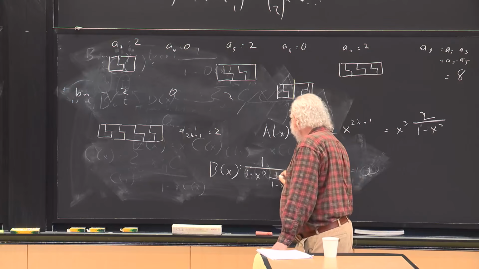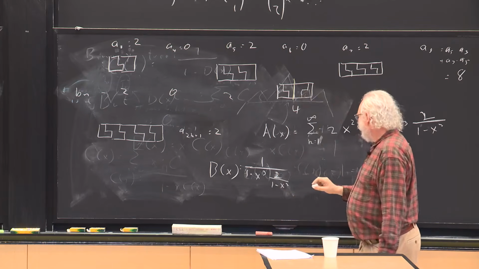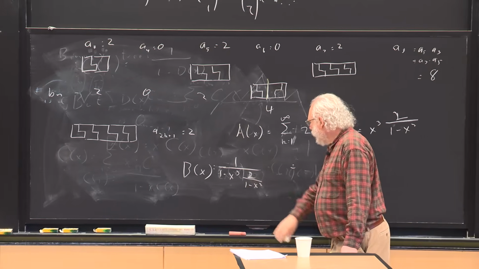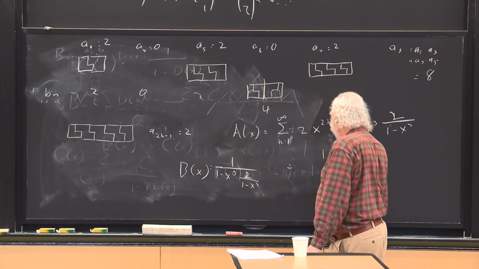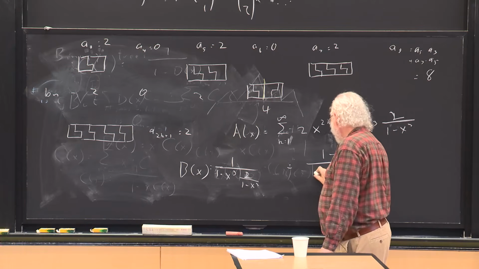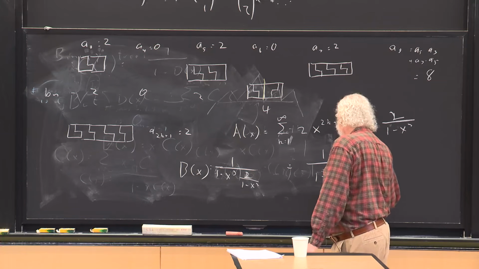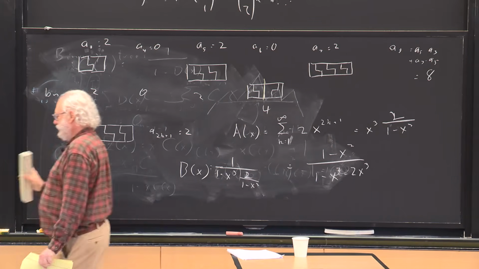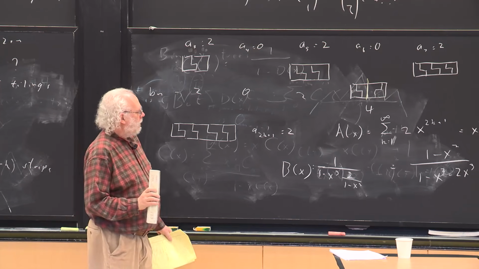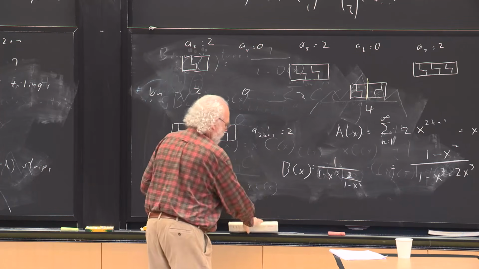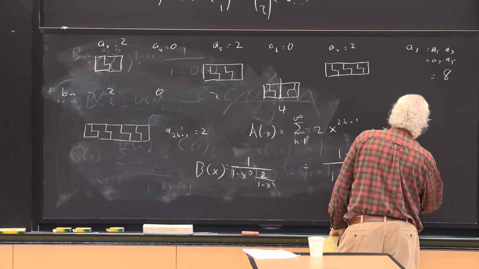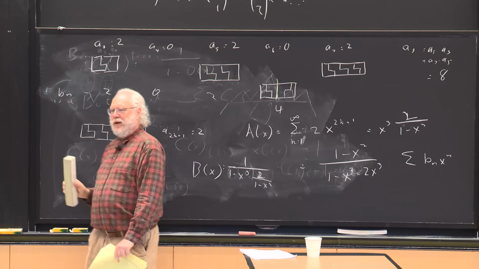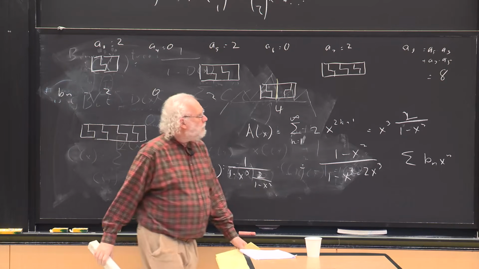So 1 minus twice that is equal to, okay, we can multiply 1 minus x squared on the top and bottom, and we get 1 minus x squared over 1 minus x squared minus 2x cubed. Okay. So we have a generating function for B, which equals the sum of b sub n x to the n.